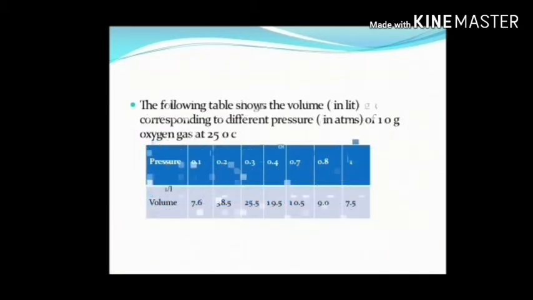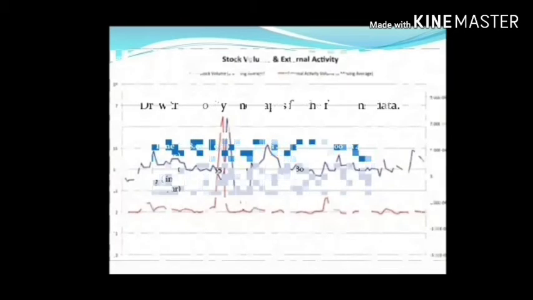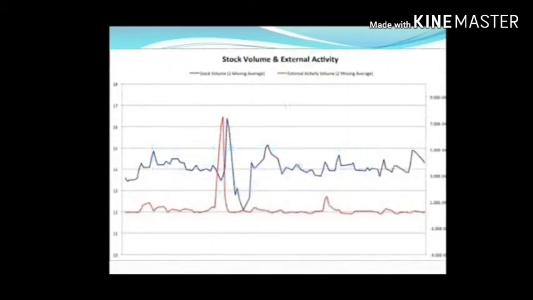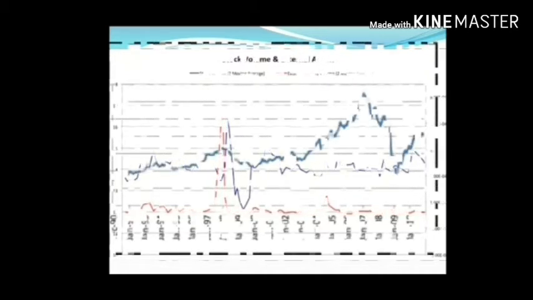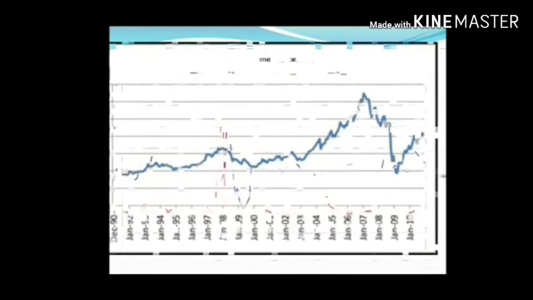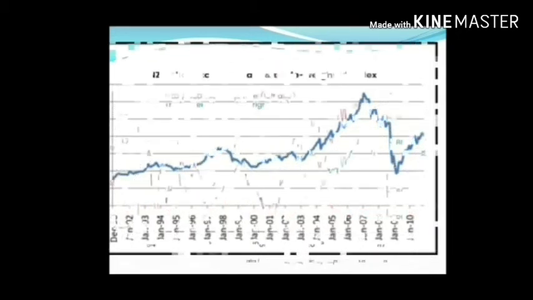Here are some different uses of frequency polygon. You can see here stock volume and external activities are shown using frequency polygon. New Zealand dollar exchange rate and trade weight index is shown here using frequency polygon.